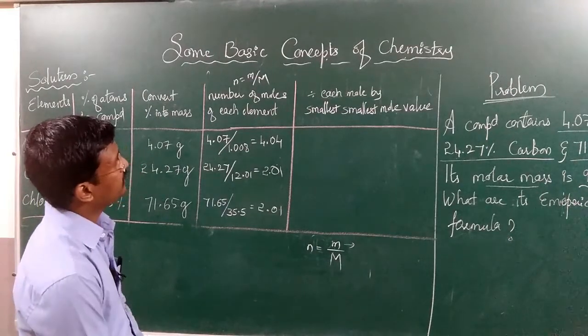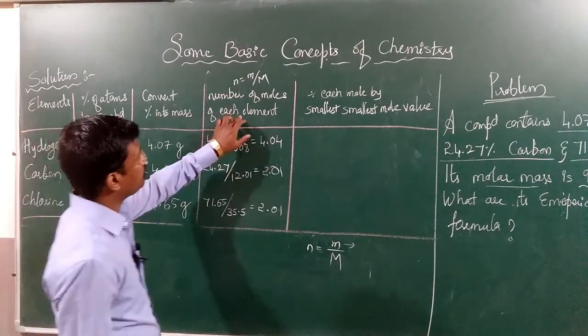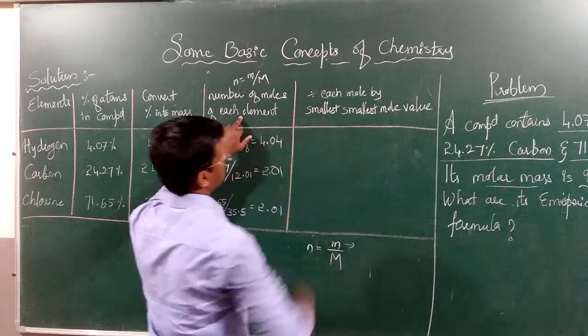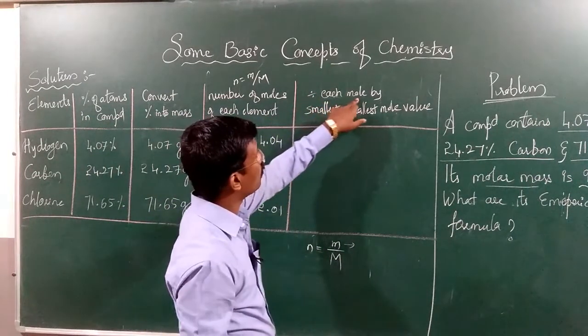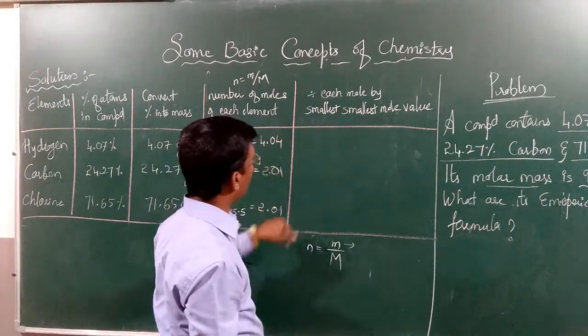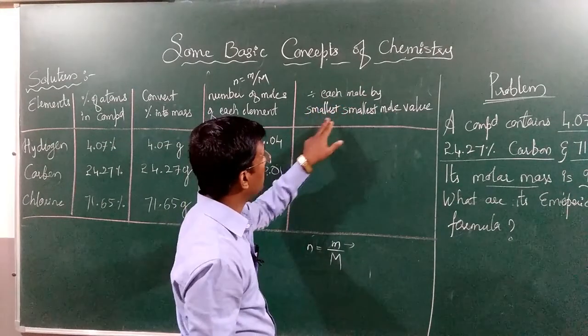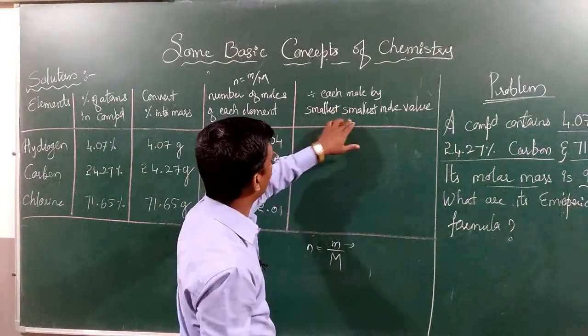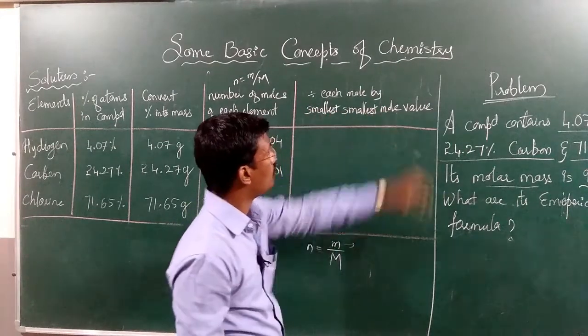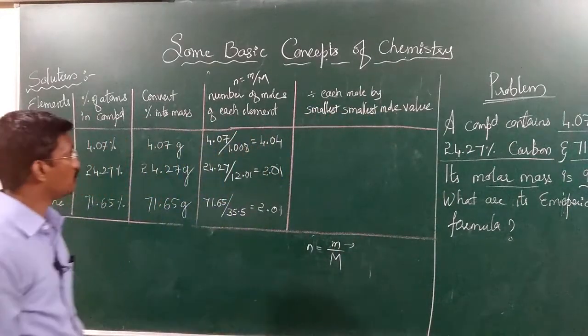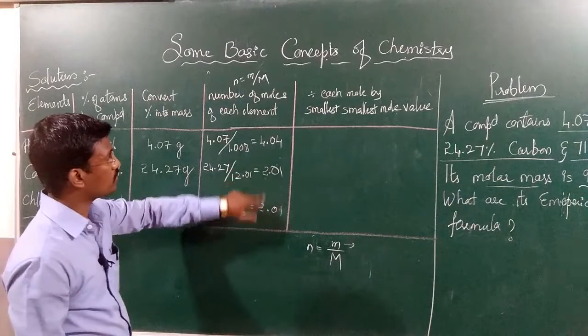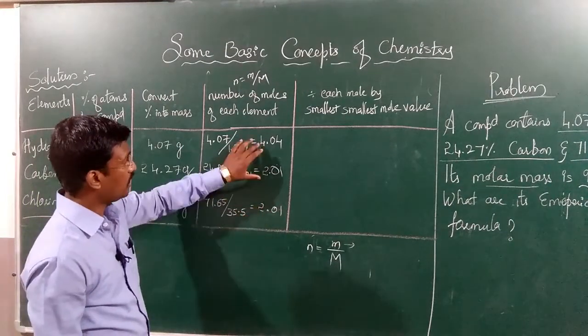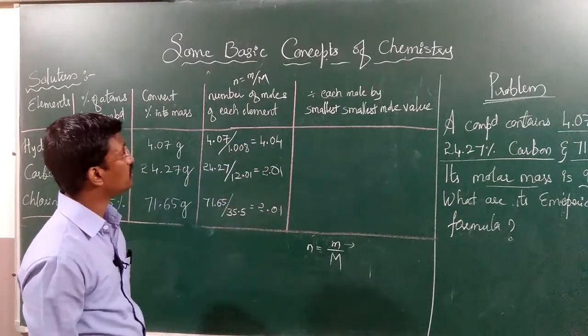Next one is divide. Can you see that? I have written the symbol for divide each mole. These are the number of moles. Divide each mole by the smallest mole value. So these are the number of moles of hydrogen, carbon and chlorine. Among these three, which one is the smallest number of moles?